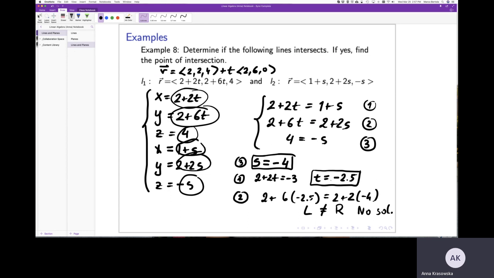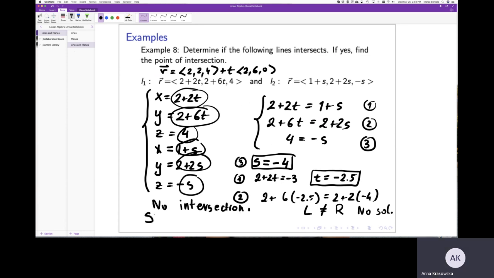So s equal -4, t equal -2.5 is not a solution. If you try to put that t into the first equation, and s into the other, they will give you a different point. It's not the same point, so there's no intersection.